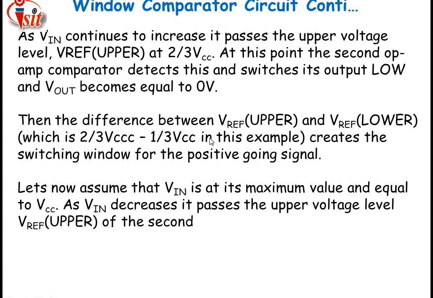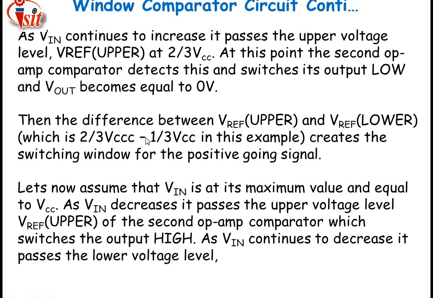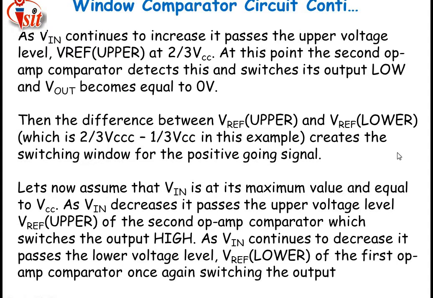The difference between V reference upper and V reference lower, which is 2/3 of VCC minus 1/3 of VCC, creates the switching window for the positive going signal.